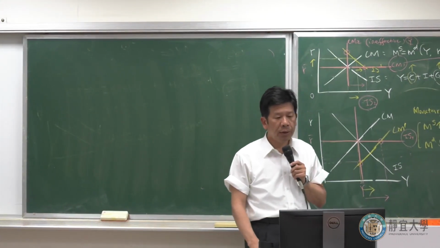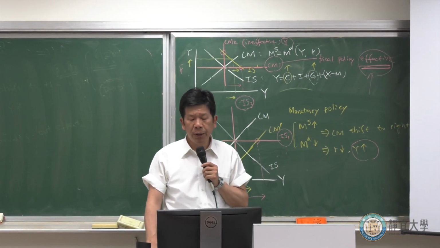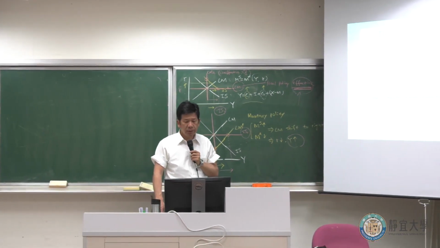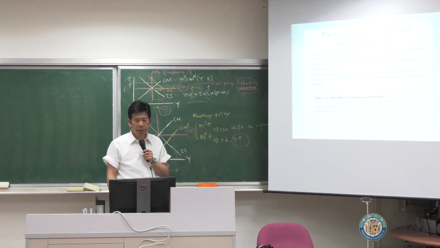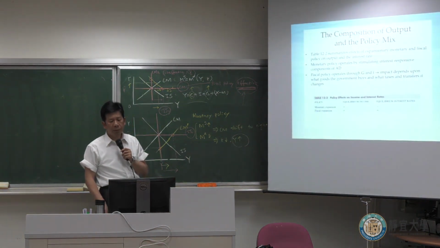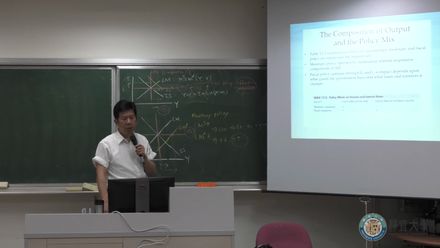Just try to see the composition of the output and the policy mix. Here we can summarize the effect of expansionary monetary policy and fiscal policy on the output and the interest rate.